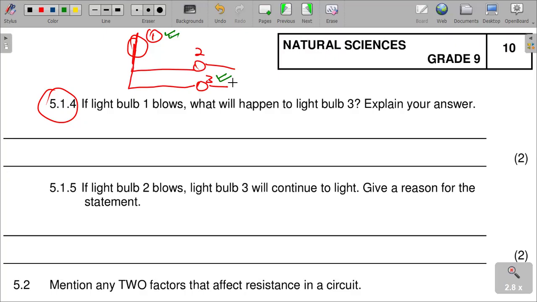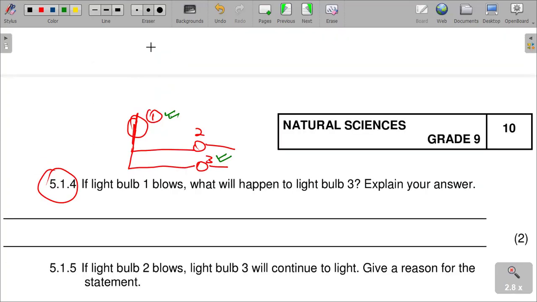In that case, what you need to understand is that light bulb 3 will go off, because bulb 1 is connected in series. So if it blows, there is a gap in the circuit. As you can see, bulb 1 is coming from our torch cells here.